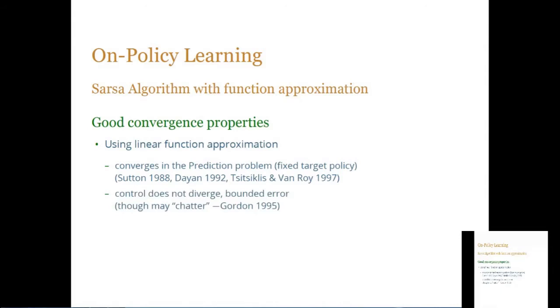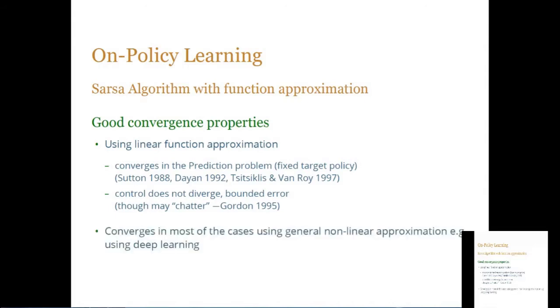And if you apply this method in control, where you're optimizing the policy, you can basically show that it does not diverge. It might oscillate in a region which is near the optimal policy, but in general, this is giving good empirical results. So in most of the cases, even if you use non-linear function approximation like neural networks, it turns out to give good results.